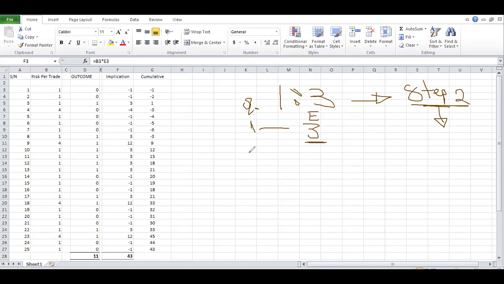And now I'll be having 4%. I'll be risking 4%. But because it's ratio 1:3, that means I'll be risking 4% for a possibility of taking home 12%. And if this works out, I will invariably have made 15% on my account.